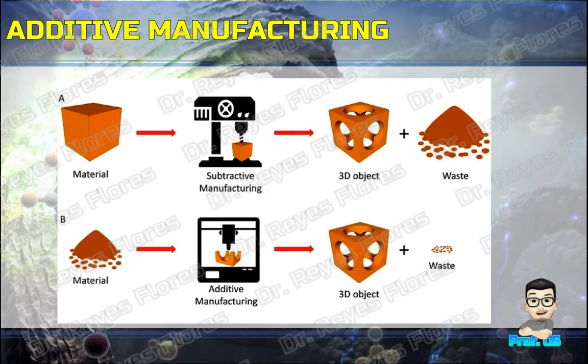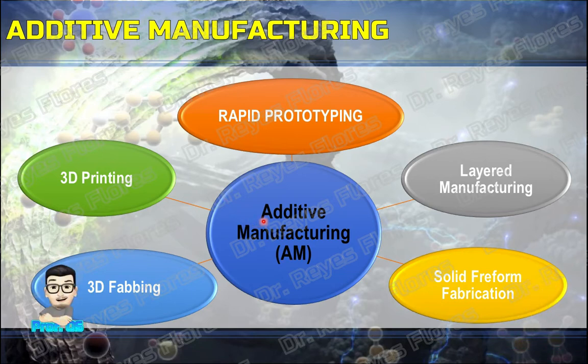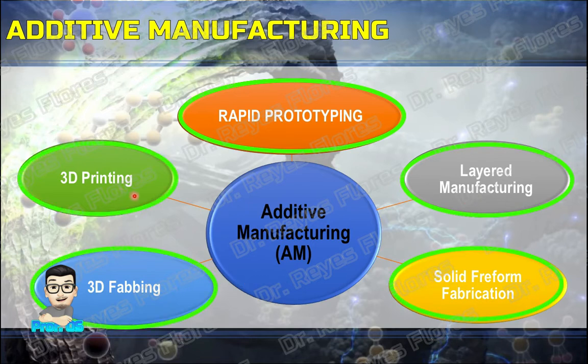Whereas conventional fabrication is governed by processing constraints related to industrial mass production, AM is inherently agile, enabling faster turnaround, design and manufacturing of customized objects tailored to meet the demands of individuals and specific applications. The terms additive manufacturing, rapid prototyping, layer manufacturing, solid freeform fabrication, 3D fabbing, and 3D printing are used more or less synonymously.